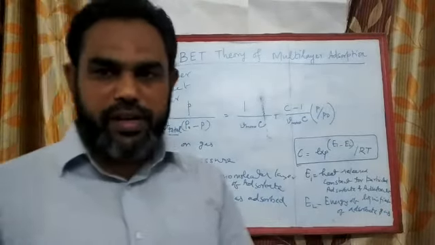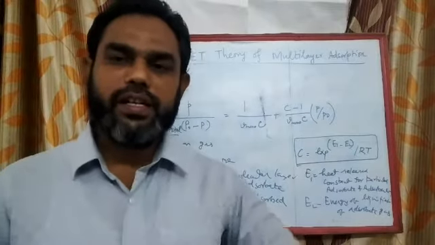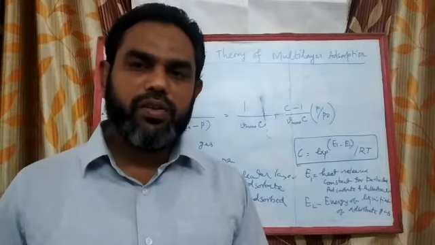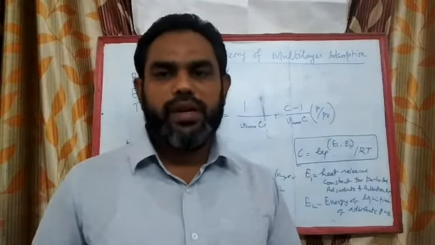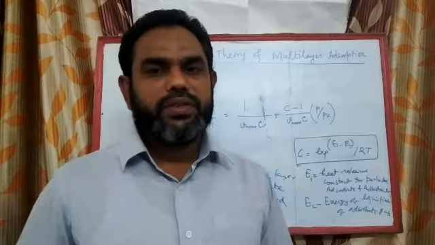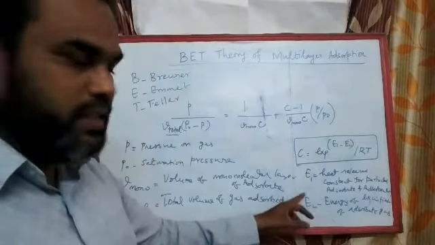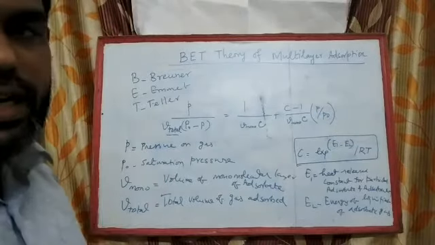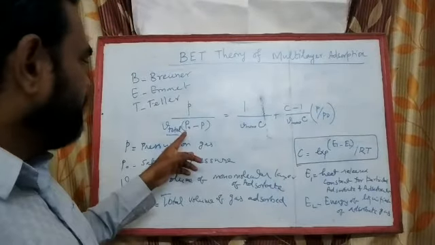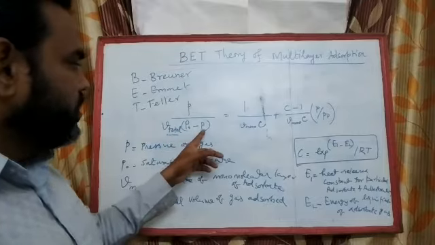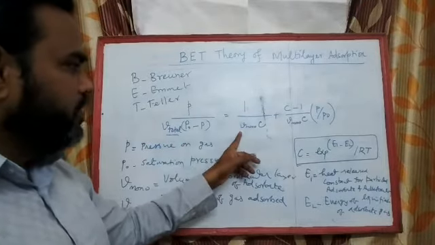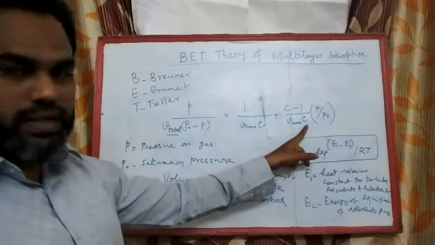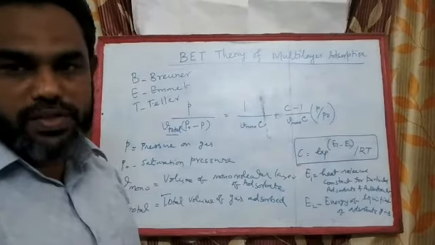So if you keep on increasing the pressure to a certain saturation pressure, the gaseous molecule gets condensed to form a liquid. Okay. So with this terminology, now let us see this BET equation. P by V total into P0 minus P is equal to 1 by V mono into C plus C minus 1 by V mono into C, into P by P0.